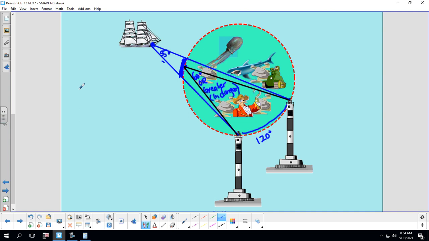All right, so 55 degrees is equal to half our arc, we'll call this arc x degrees, minus x. So we double to get rid of the 1/2, and we subtract the angle.